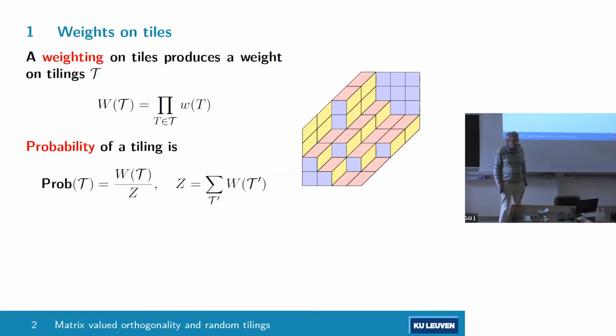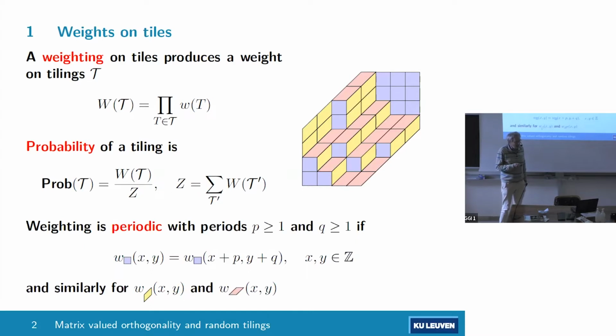And I will focus on a periodic weighting, so the weight will depend on the position where you find your lozenge in a tiling. That is denoted here with the coordinates x, y. x, y will be integers, because I'm assuming that all the vertices of all these tiles are on the integer lattice.